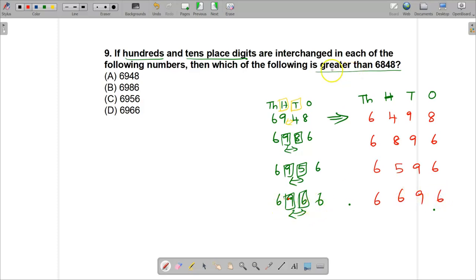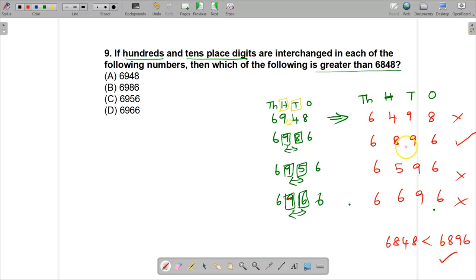They are asking which number is greater than 6848. Let me compare all these numbers. Here it is 6800, so here it is 400, here it is 500, here it is 600. So these numbers will not come, right? Compared to 6848, here it is 6896, so definitely this one is greater than 6848.